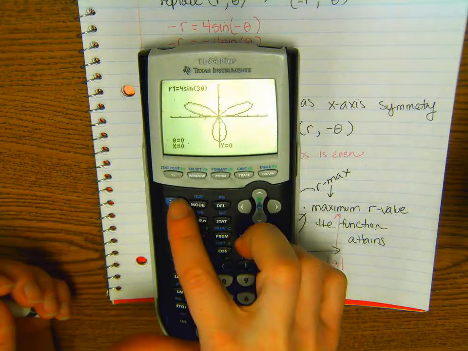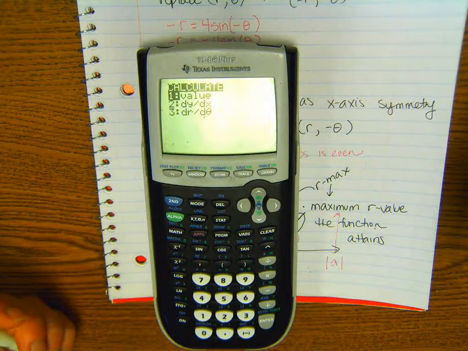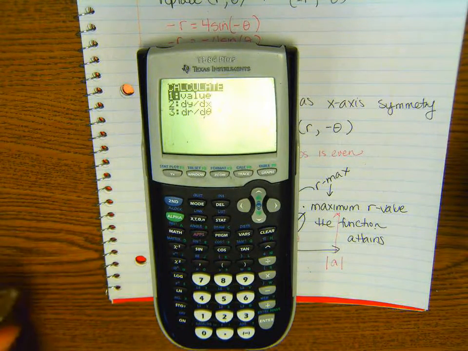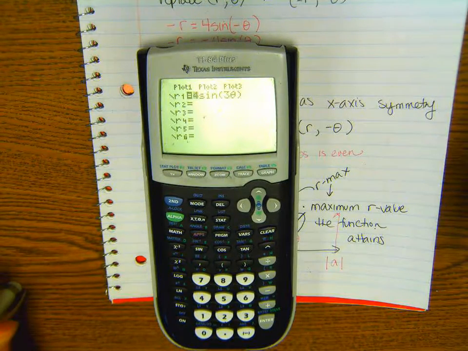Now, if you go to trace or go to calc, that doesn't help me. There's no R-max key. Okay? What's another way do you think that you could figure out those angles? Okay, let's go back to what I said.